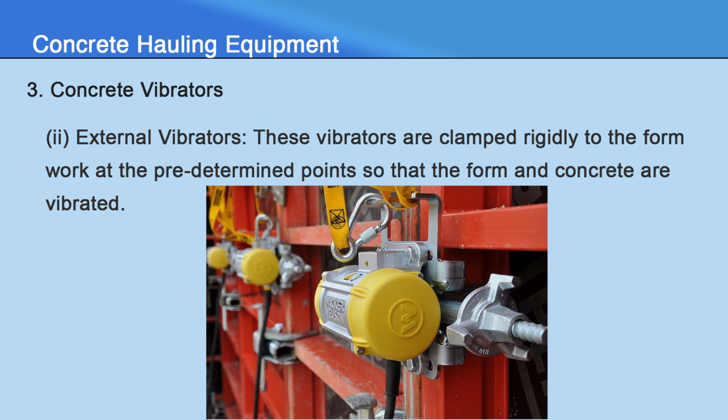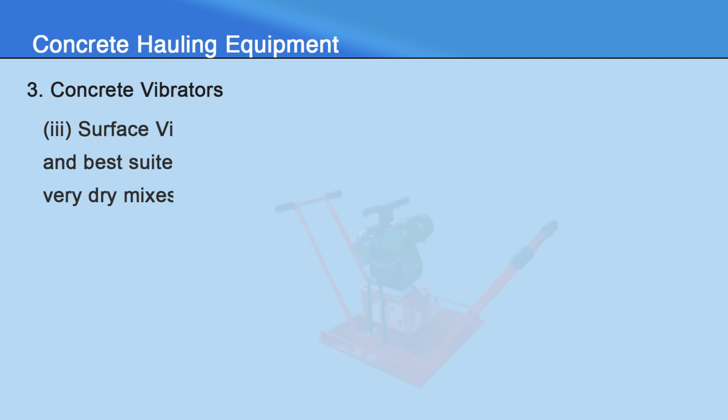They consume more power for a given compaction effect than internal vibrators. The external vibrators are more often used for precasting and for thin in situ sections of such shape and thickness that cannot be compacted by internal vibrators.